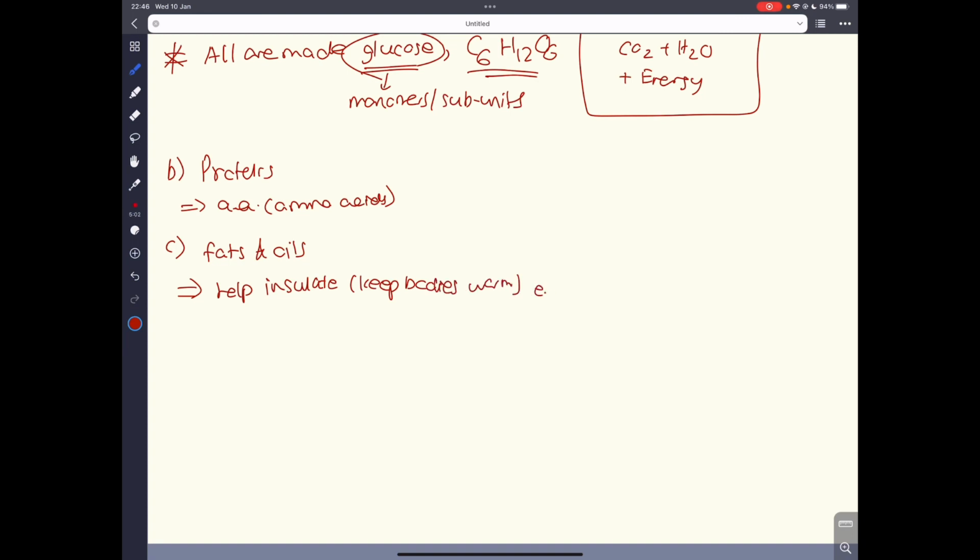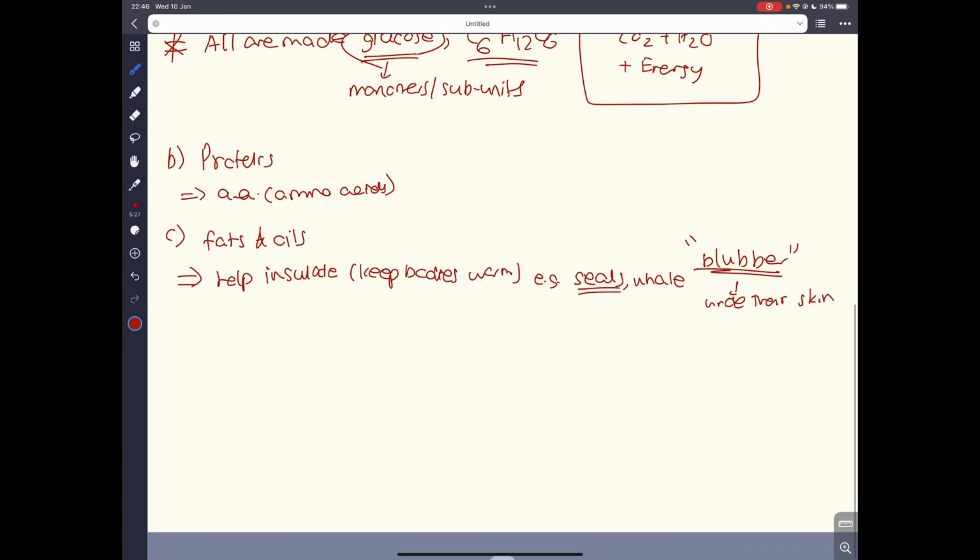An example of this would be seals or whales. They have something called blubber, which is basically a layer of fat under their skin, and this helps protect these seals and whales in the cold ocean waters.